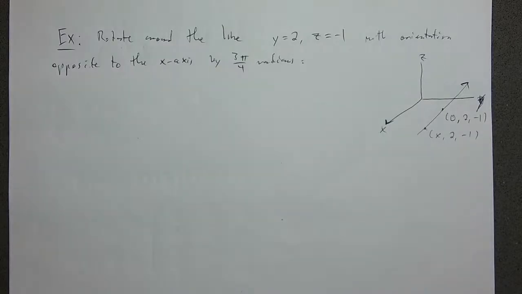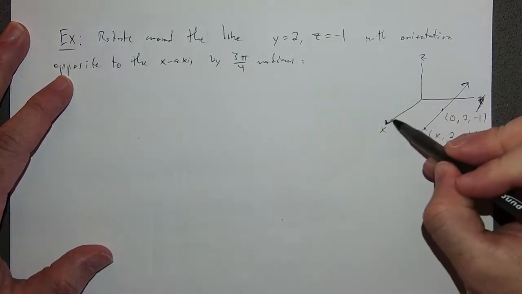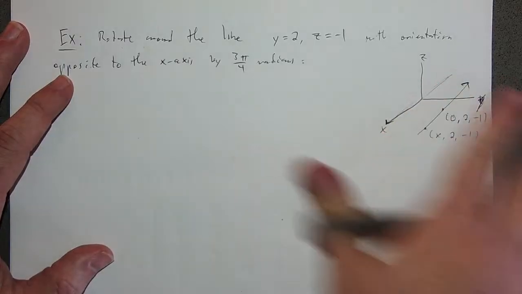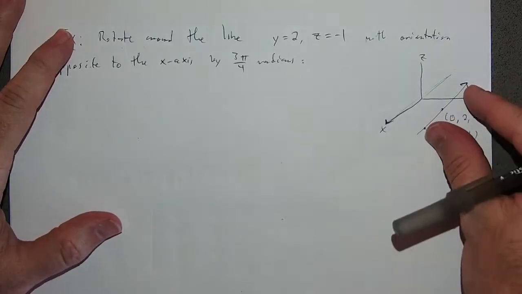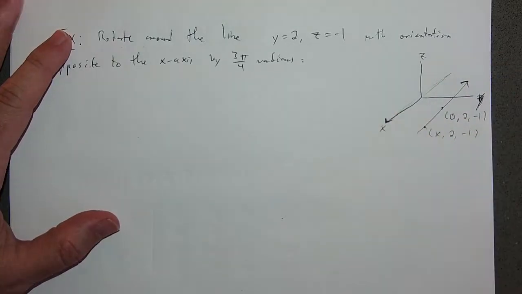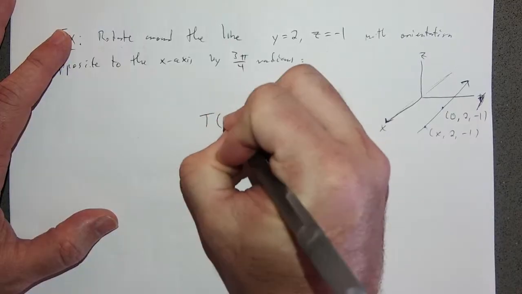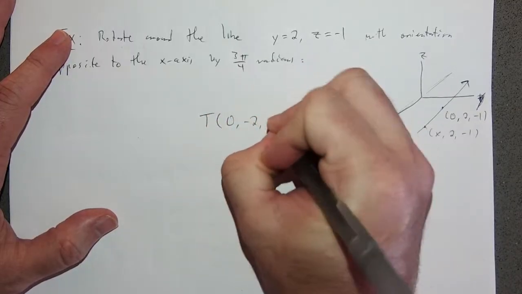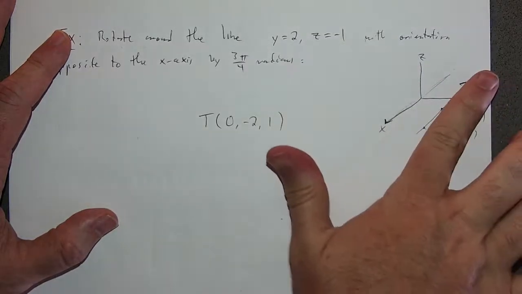So the thing I care about for the translation is just lining up these axes. So I have the x-axis, it is parallel to this line, and I can line them up with a single translation, and that translation moves this to this point, which is just the translation t of 0, minus 2, 1. That moves this line to here. So it moves this to here.